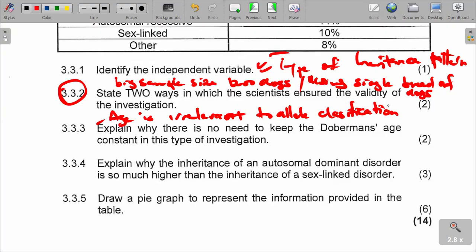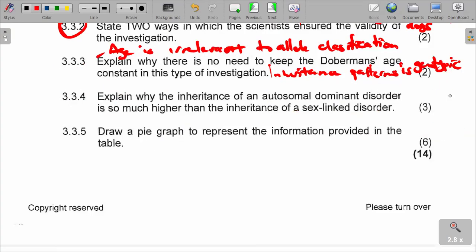It is in the genes. It is affected by genes, not by age. You understand? That is one thing that you need to understand.